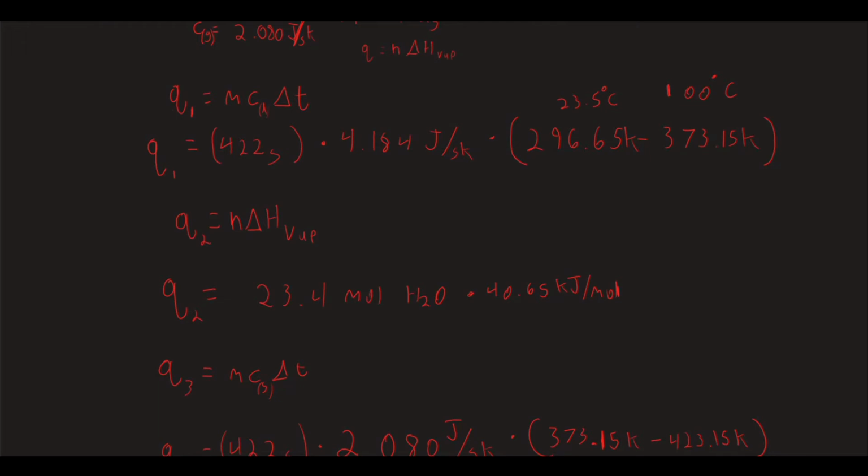So 422 times 4.184 times 296.65 minus 373.15.